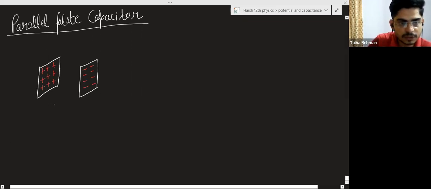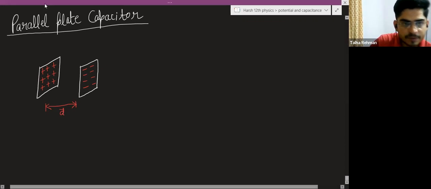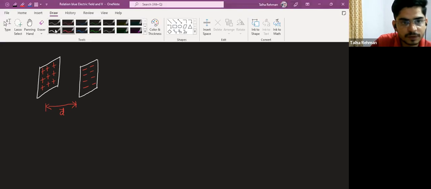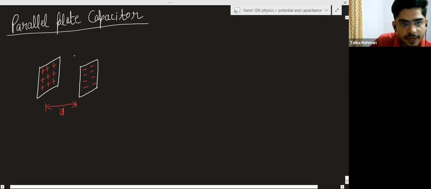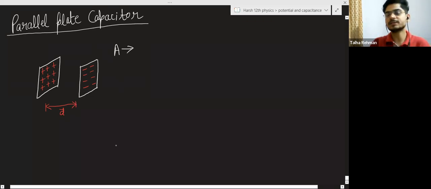Now suppose these plates are separated by distance d. And remember one more thing: A is the area of both the plates, means both plates are of the same area.